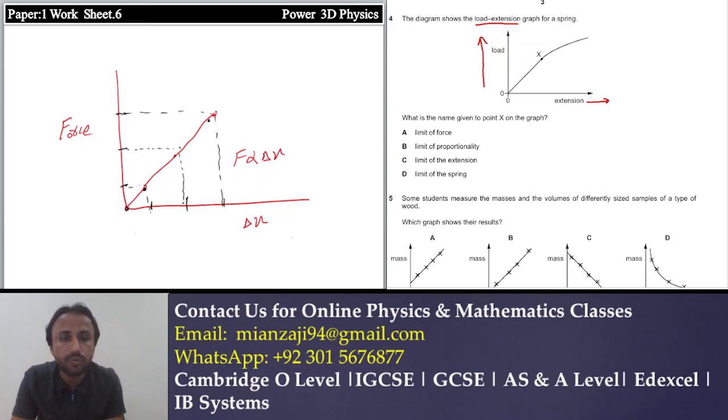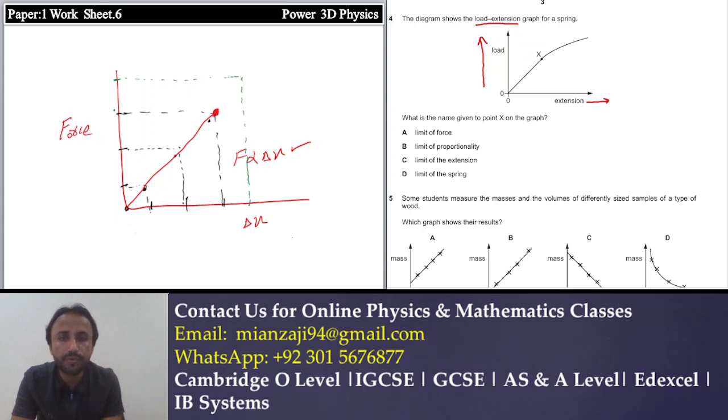This point is known as the limit of proportionality, where force and delta x are directly proportional to each other. What happens when we double the force? It must increase up to this point.